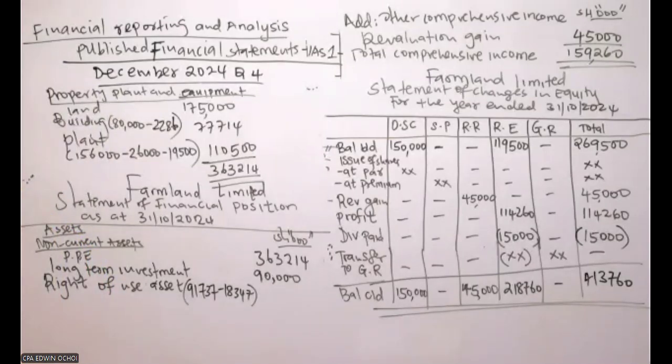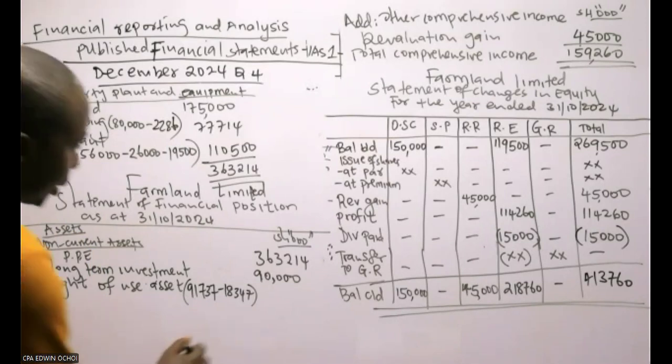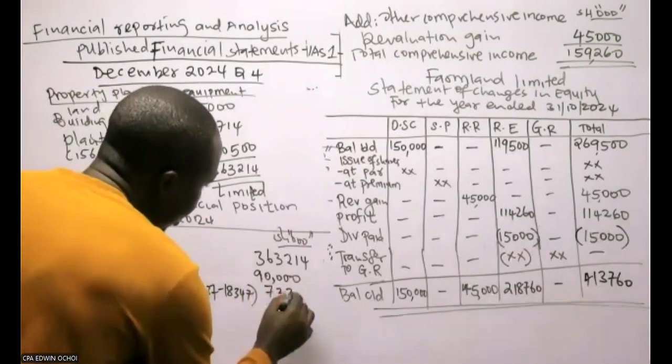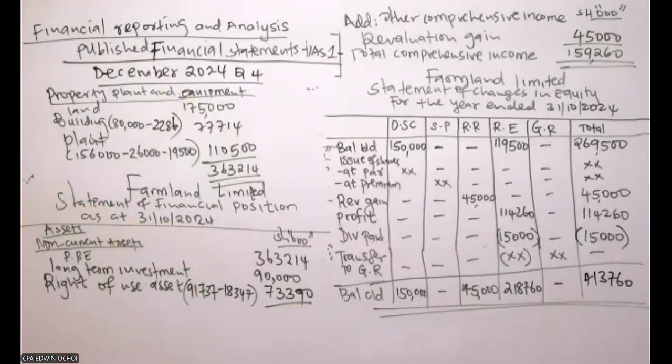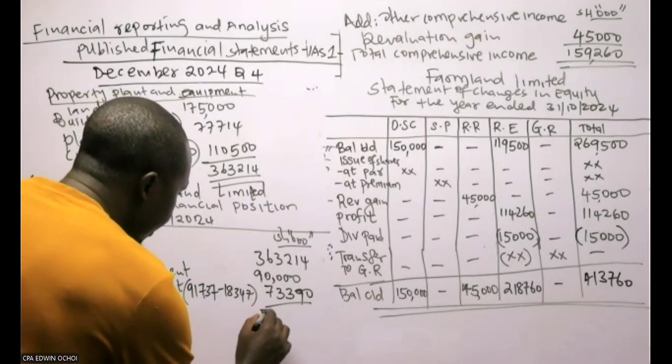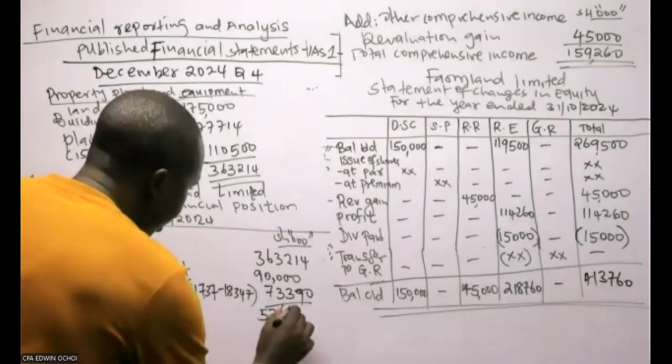So 91,737 minus 18,347 is 73,390. So this total is 526,604.